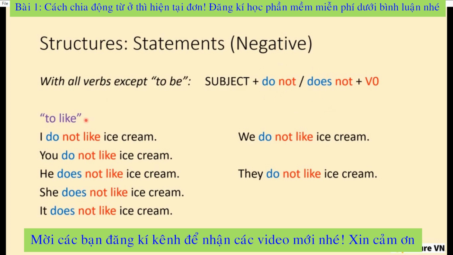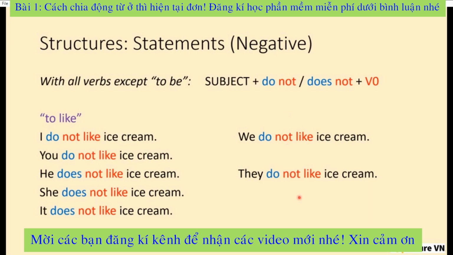For example, to like. I do not like ice cream. You do not like ice cream. He does not like ice cream. She does not like ice cream. It does not like ice cream. We do not like ice cream. They do not like ice cream. Notice that verb 0, like, no change here.